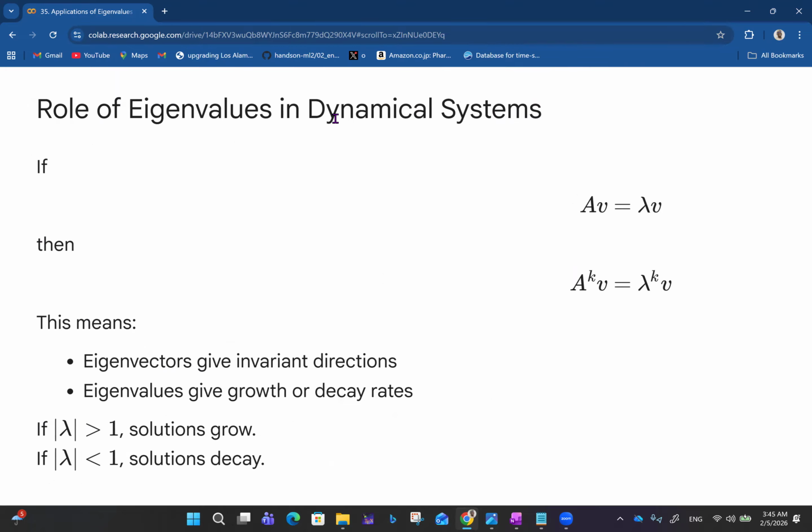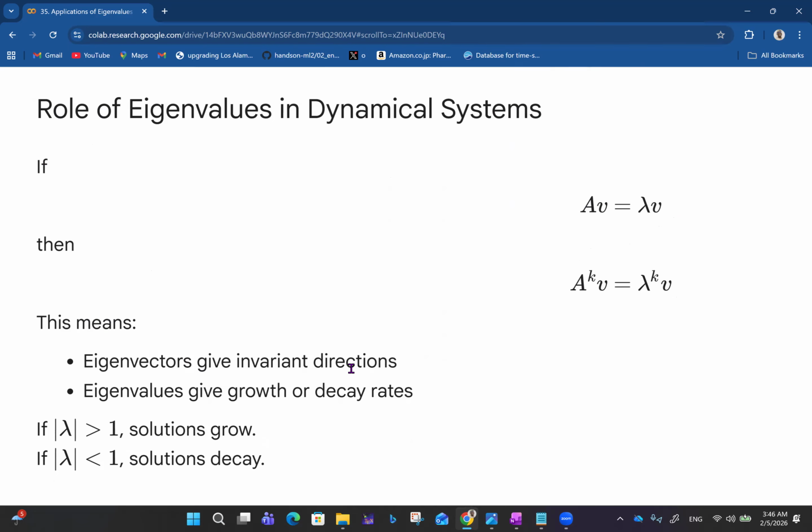So we talk about the role of eigenvalues in dynamical systems. If Av equals lambda v, this classic idea, then when a matrix acts on a vector, the effect at the end of the day is to scale the vector, right? And if that happens, then we can also say that A^k v is the same thing as lambda^k v.